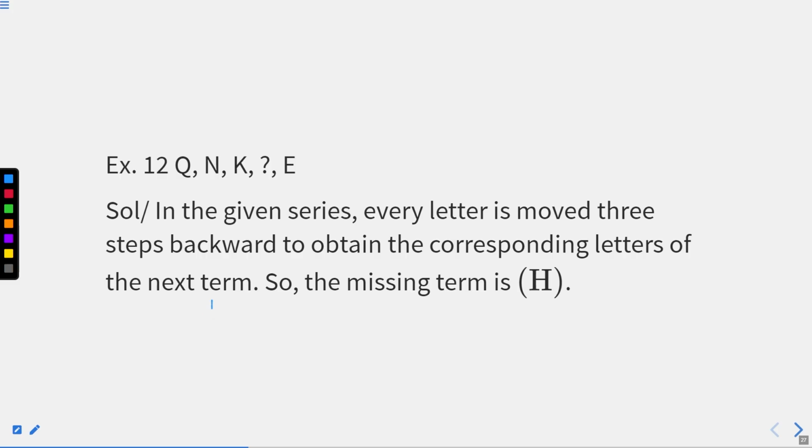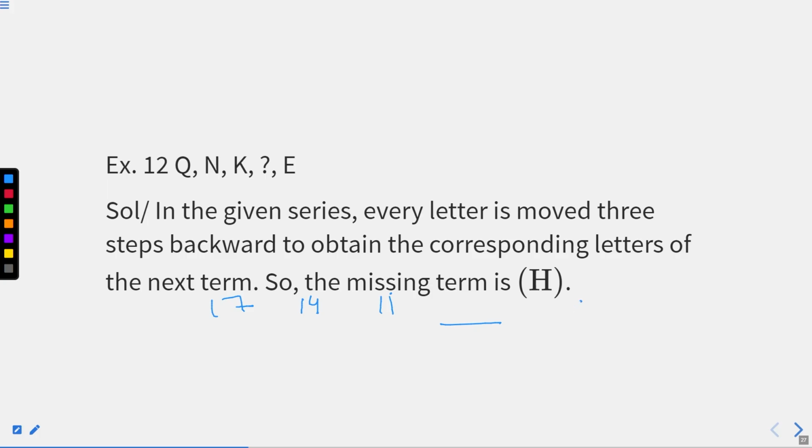Q has the place value of 17. Then we have N, which has a place value of 14. Then K, which has a place value of 11. Then a missing number. Then we have 5.